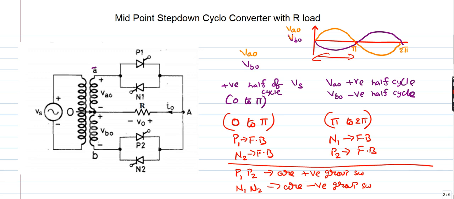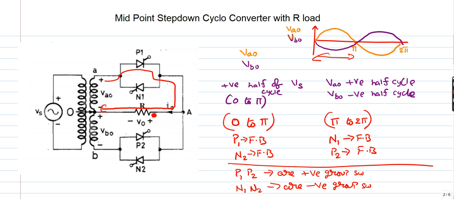So we will see that if you observe the directions of the current, easily we can say that. So when P1 is in conduction, the current flow starts at A, P1 to resistor right side to O. So the current is entering from this side. So let us assume this is your reference terminal. So whenever current is entering this side, we can say that output voltage polarity will be positive. We can expect positive half cycle.